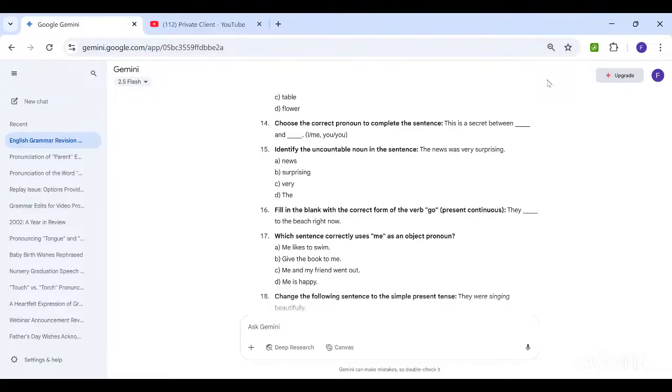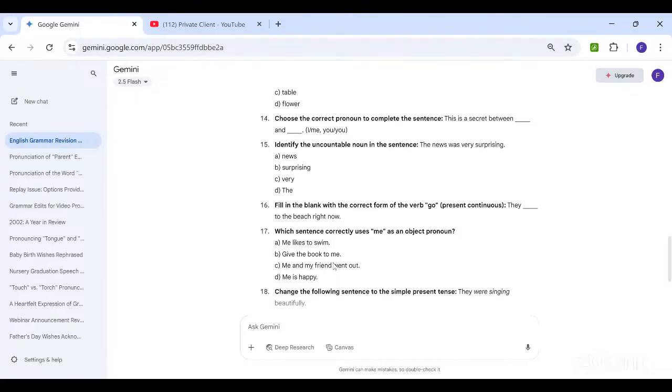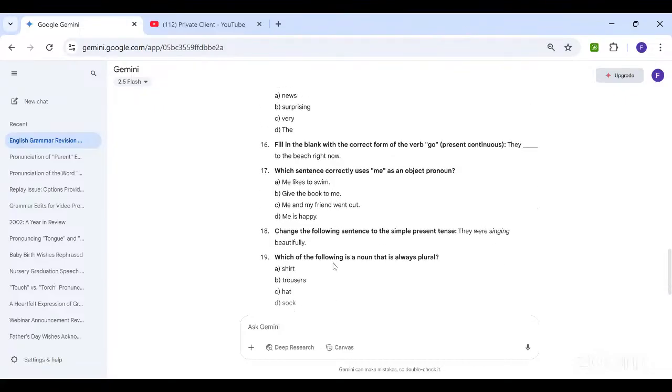Number 18. Change the following sentence to the simple present tense. They were singing beautifully. Simple present. They are singing beautifully.